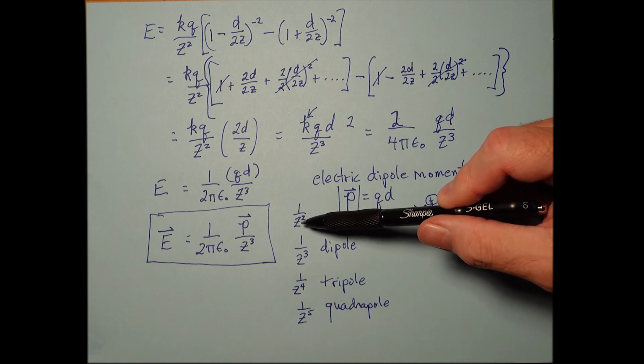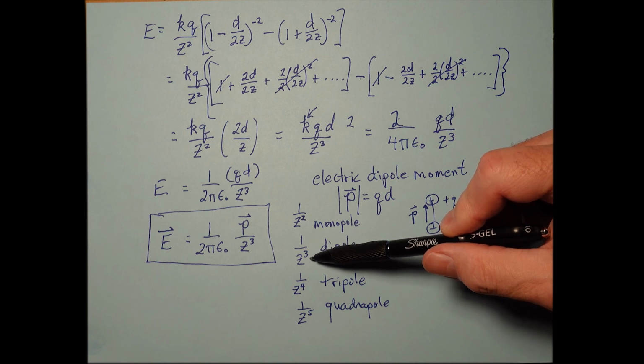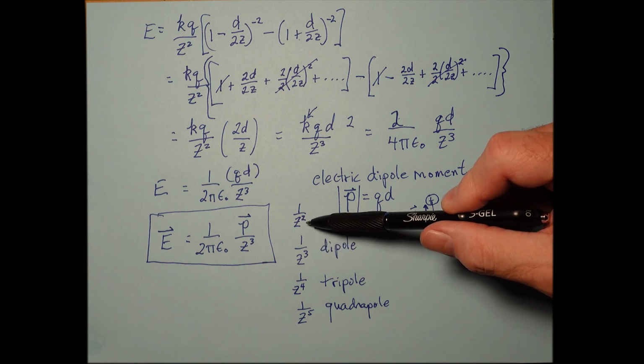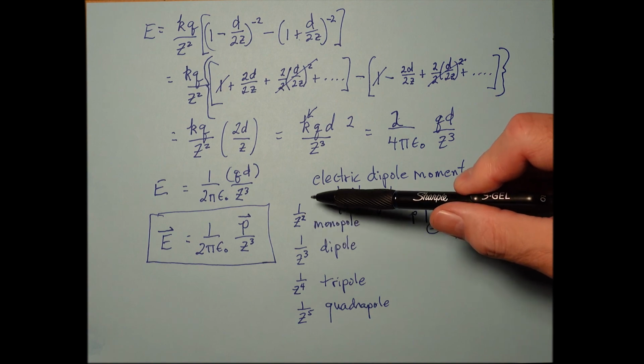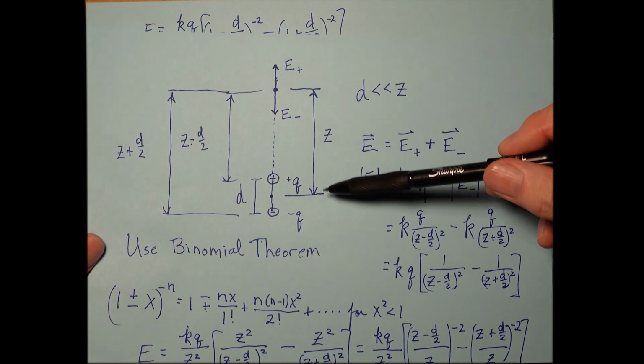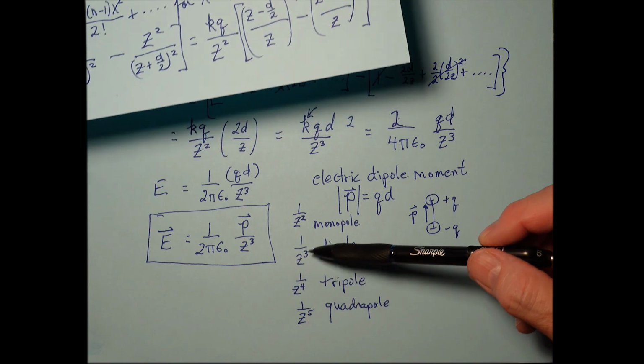So the electric field for a dipole falls off a lot quicker as an inverse cube compared to an inverse square.